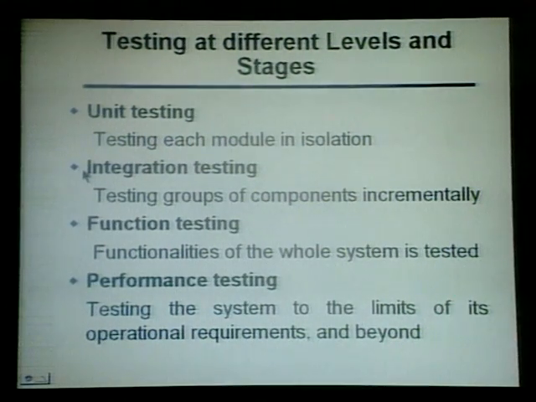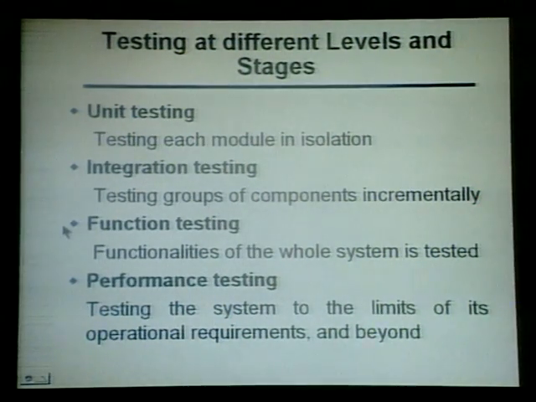Then we can perform integration testing, in which a number of modules are integrated and tested to make sure that once these modules are integrated, they will work correctly according to the specification.